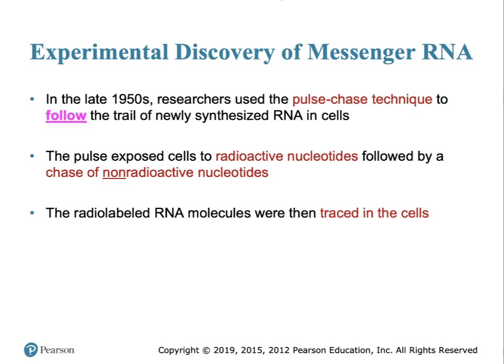Returning back to the historical perspective, we need to make sure that students are familiar with the pulse chase technique, which was mentioned in previous chapters. So here, the experimenters use radioactive materials, or these days fluorescent materials, to generate a chemical pulse within the system that they're studying, cells or individual machines of transcription, as in this case, followed by either the removal or the dilution of the radioactive material with normal, non-radioactive, or non-fluorescent material.